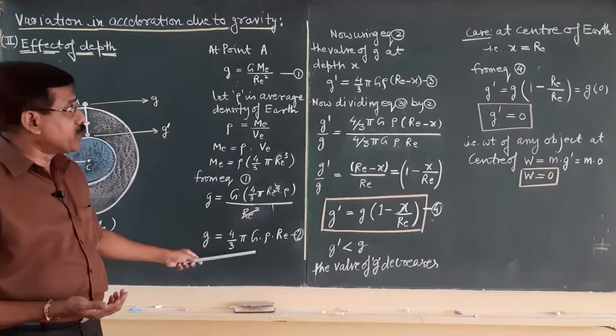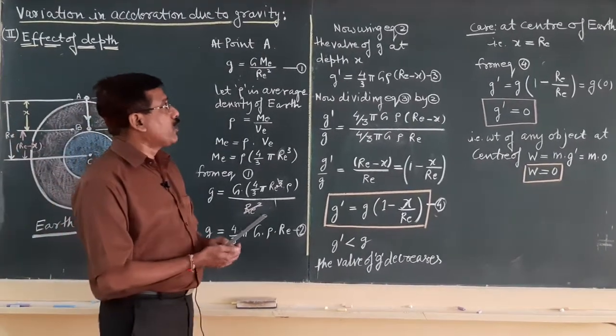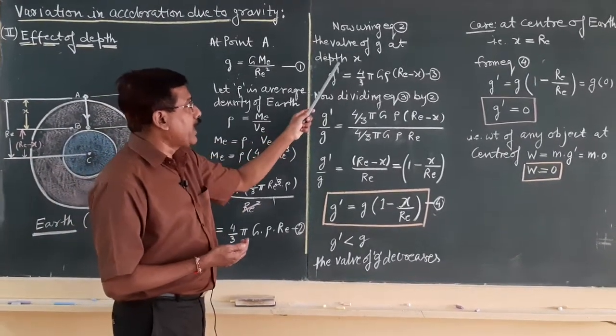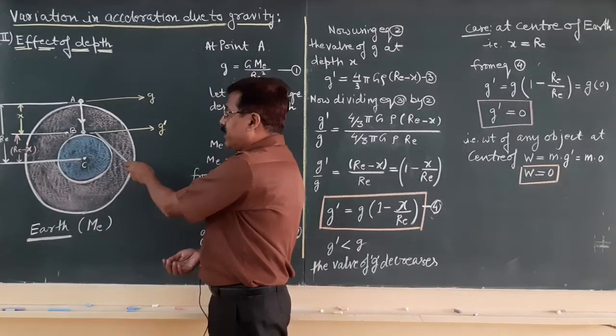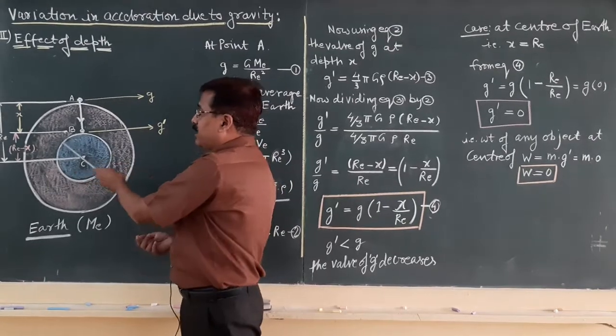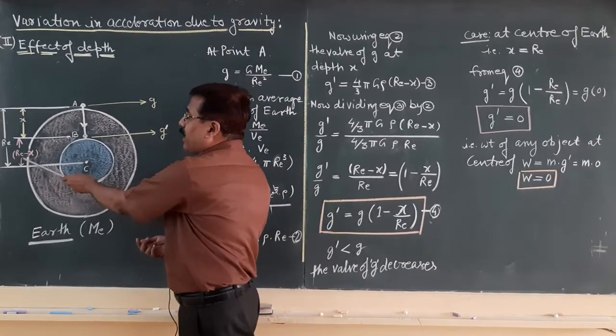Now, using equation 2, we have the expression for acceleration due to gravity at depth x, because when the object is at point B, the radius of the earth is only Re minus x.